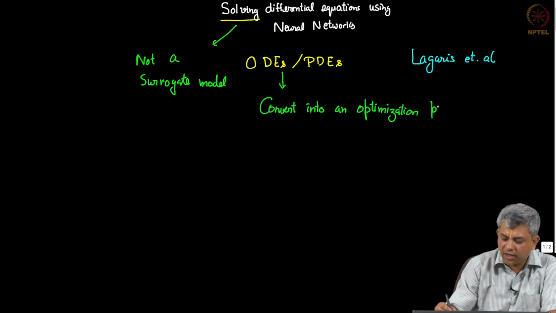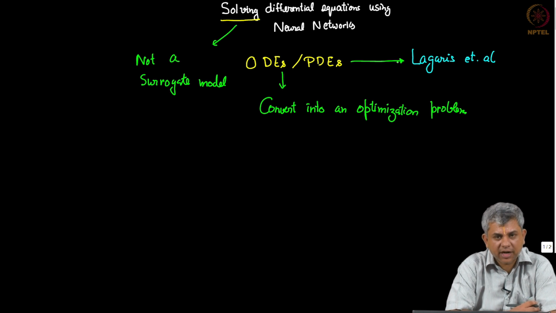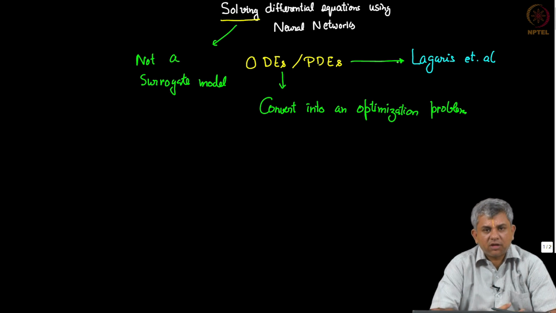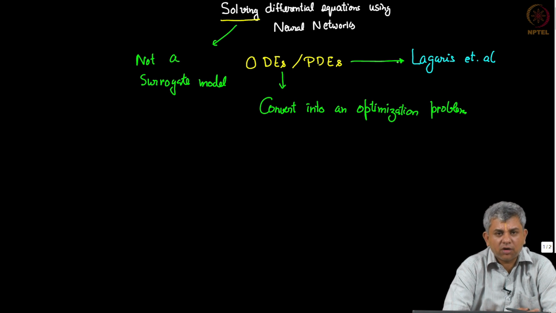Like I said, the original idea was by these researchers, and I would request you to look at it in case you are interested in this field. I do think that this is going to get very important, and before I describe the problem, I would like to talk a little bit about what the importance is.